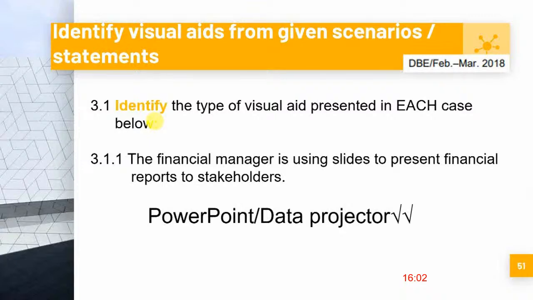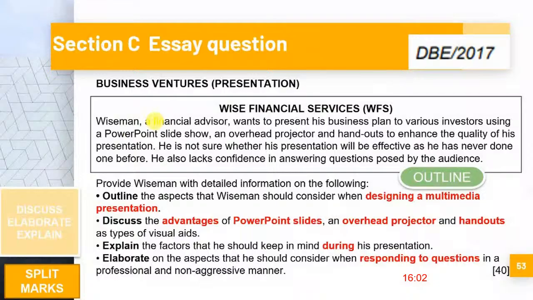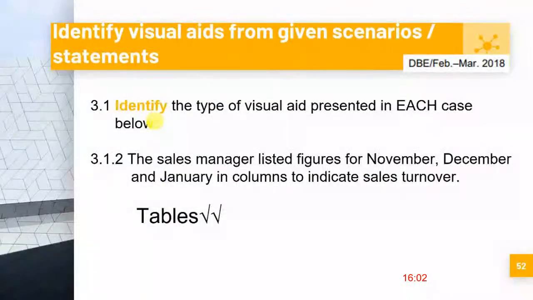Okay, there's my answers. This answer over here says table. The sales manager listed figures for November, December and January in columns. This is definitely an error over there. There should definitely be a bar graph or histogram. Colleagues, do you agree with me? Just put it on the chat.